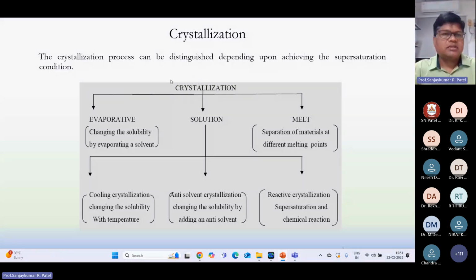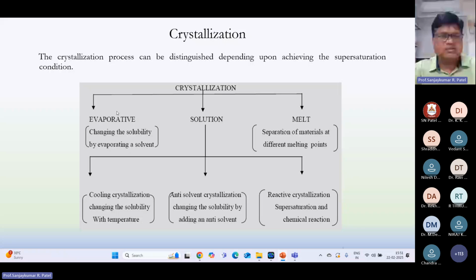The crystallization process basically depends on factors like temperature change, solution change, or doing a reaction. So overall the crystallization process is divided into three categories. Generally, you can change the solvent concentration, so it falls under the evaporation category, the evaporative crystallization.